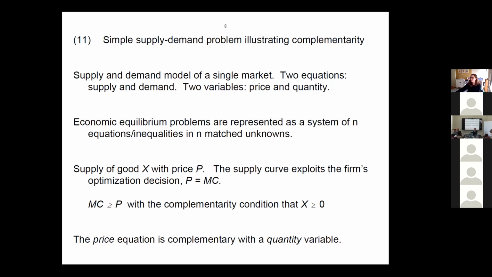And other ones will, in equilibrium, have marginal cost strictly greater than price. So you don't want to use that technology, and the output from that technology is zero. So it's marginal cost greater than or equal to price. Marginal cost can be greater than price, but if price is greater than marginal cost, somebody's not optimized.